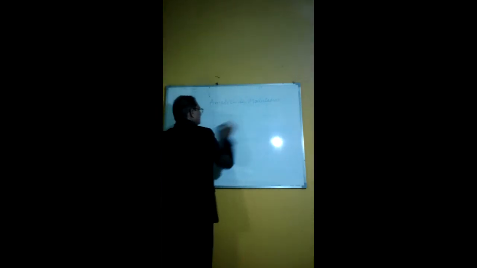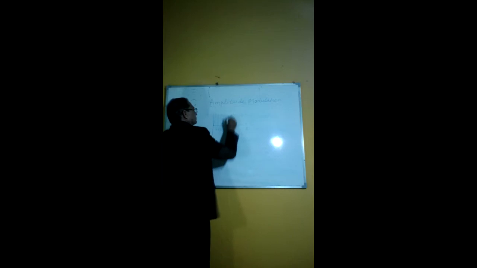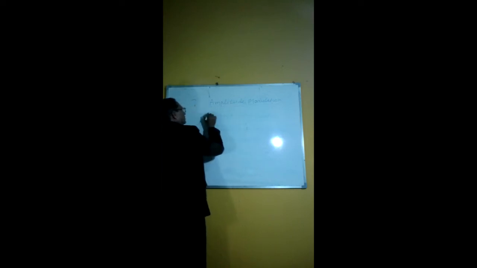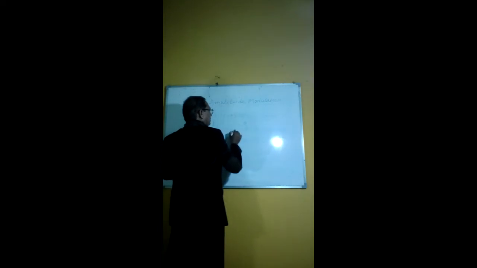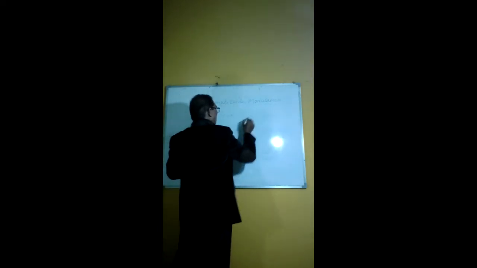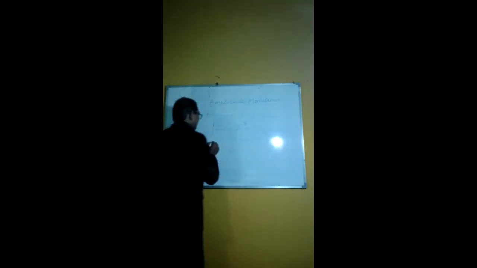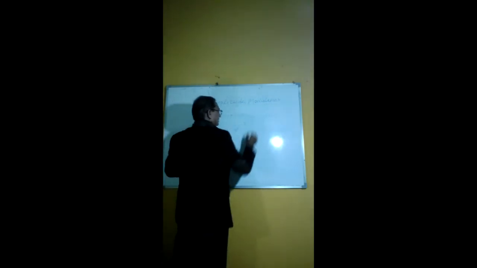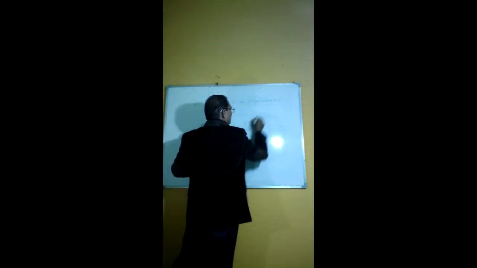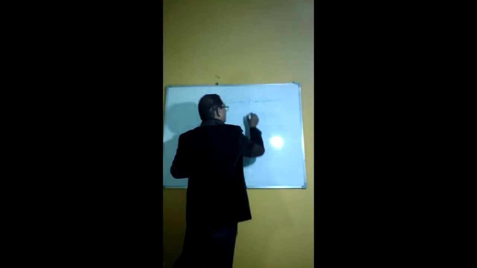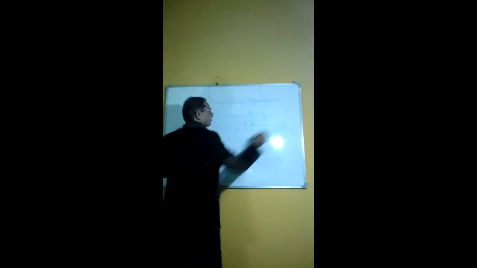This is the carrier wave, having EC as its amplitude. The other one here is the signal wave, having amplitude ES with respect to t. And the third one we show here is the modulated wave.